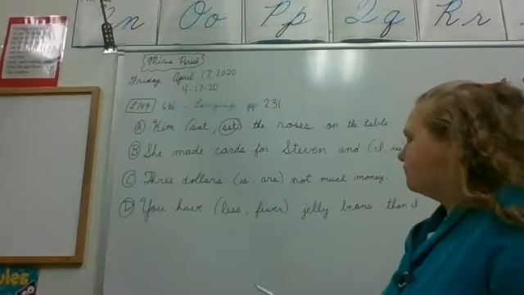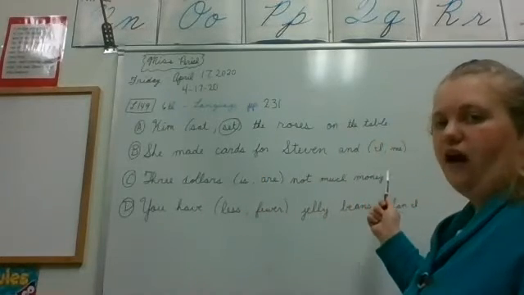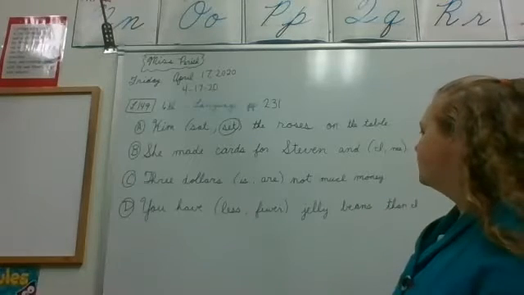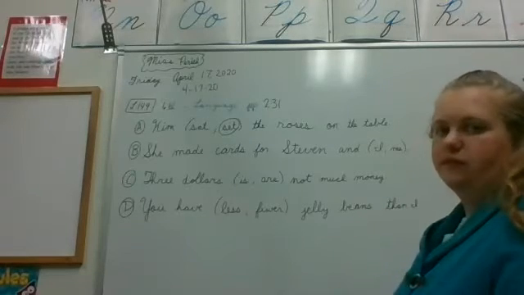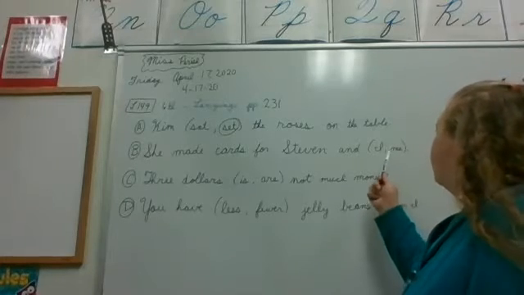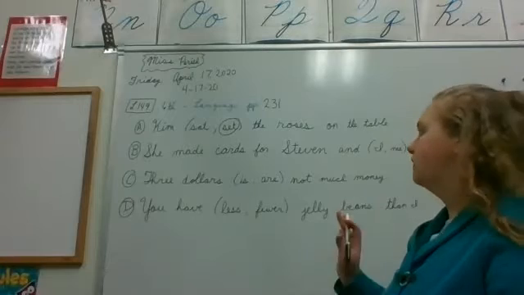All right. She made the cards for Stephen and I or me. Okay, she made the cards for Stephen and I or me. This one, to know which one it is, we need to know what place it is doing in the sentence.